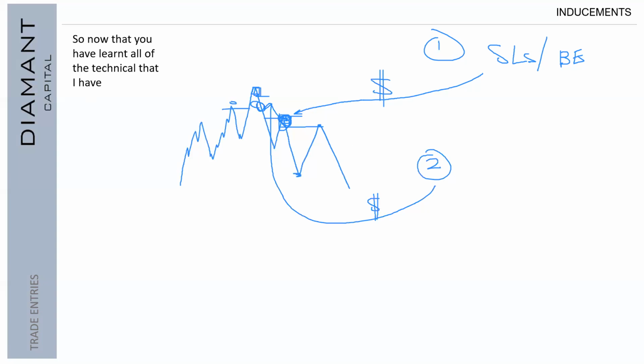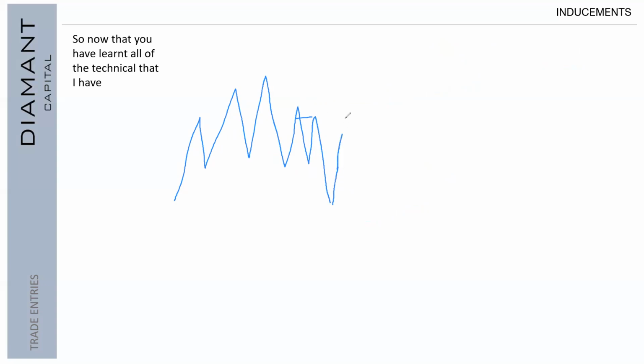Now, what the inducement trade would be: breakdown first. Let's just say it moves from there. We get that actual break, and then the entry, rather than that, would be this right here.